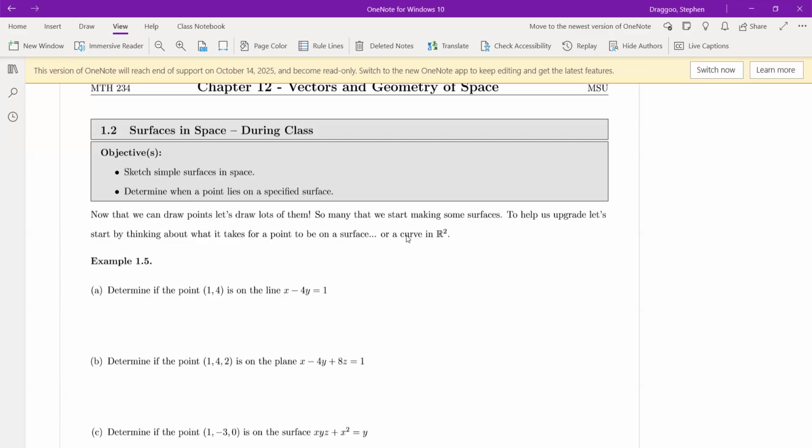Okay, so that's what we did back in algebra. When we step things up to our 3-dimensional coordinate system, we just plug that same point in, but now there are 3 variables instead of only 2. So this might look something like 1 minus 4 times 4, plus 8 times 2.